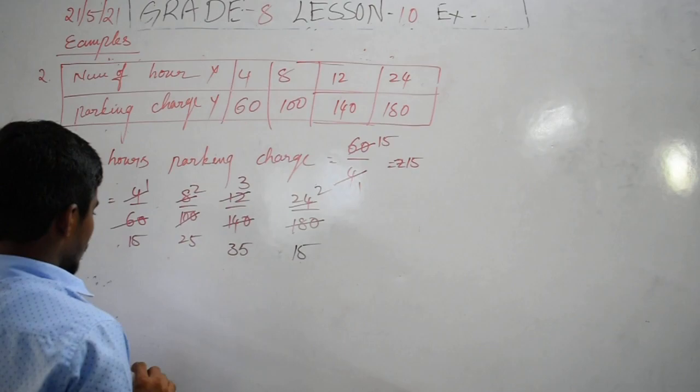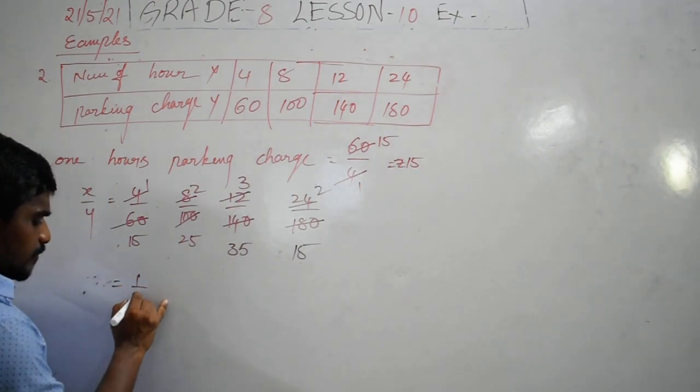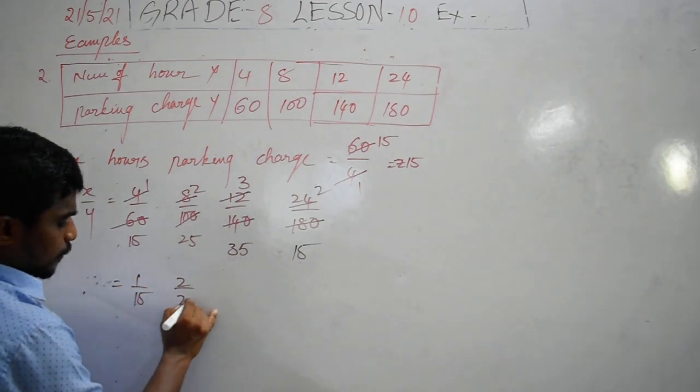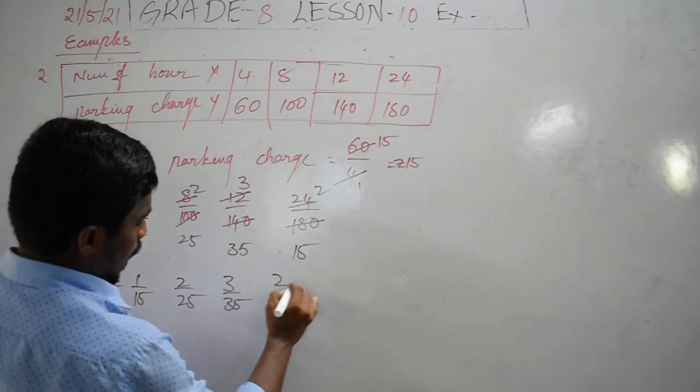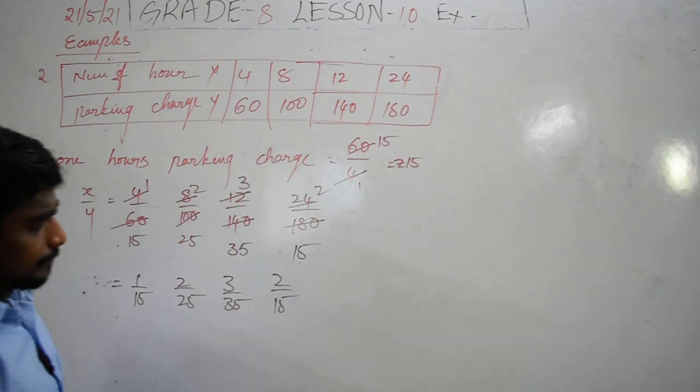So here see, 1 by 15, 2 by 25, 3 by 35 and 2 by 50.